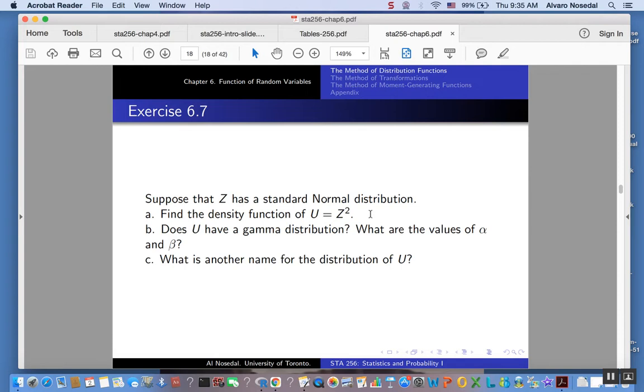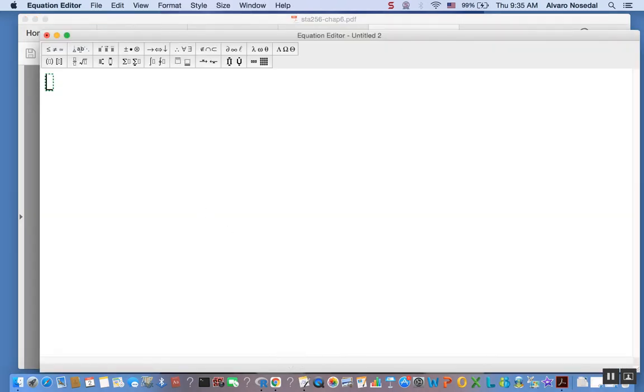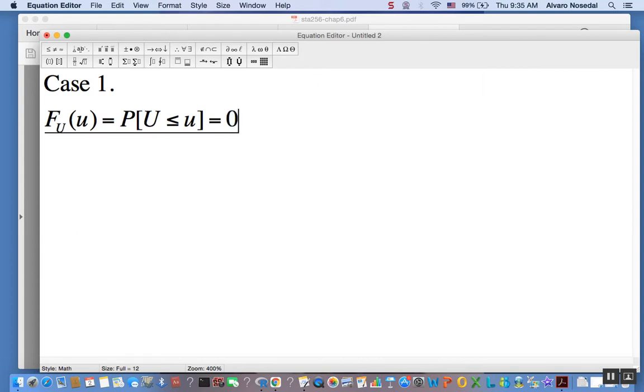So case number 1, case 1, the CDF of our new random variable u, which is the probability that the random variable uppercase U is less than or equal to some number, is going to be 0 if u is negative.